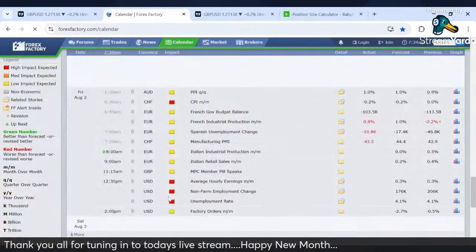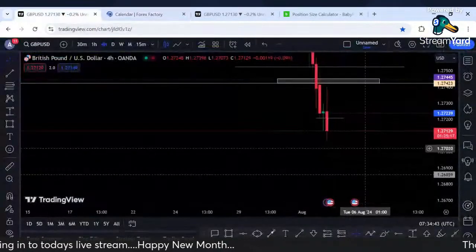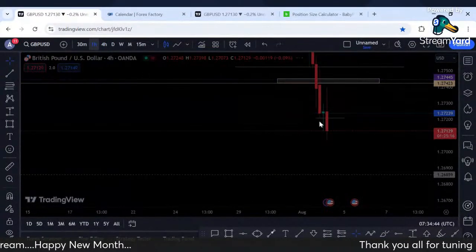because till the news is released, you are not going to get stable price action moves.